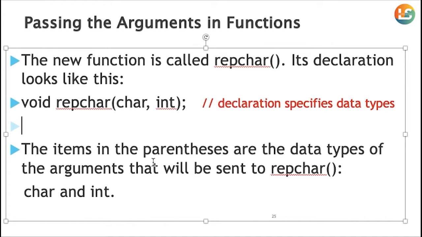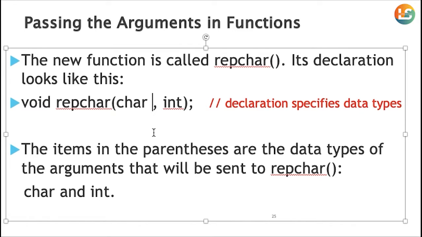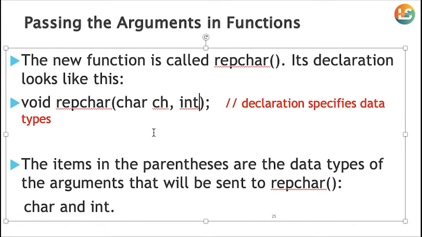You don't need to define the variable names here, or if you want you can define them here as well, for example char ch or int n. It's up to you whether you want to add the variable names in the declaration or not. It is your choice. The items in the parentheses are the data types of the arguments that will be sent to repchar, that is character and integer.